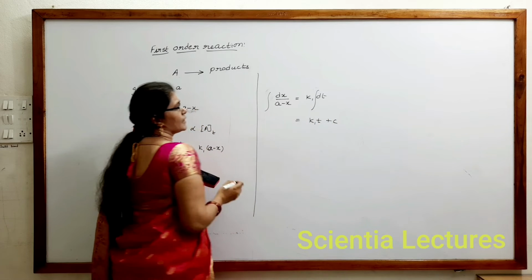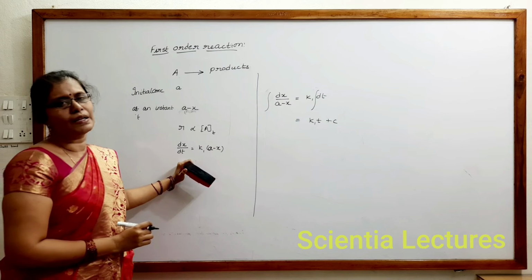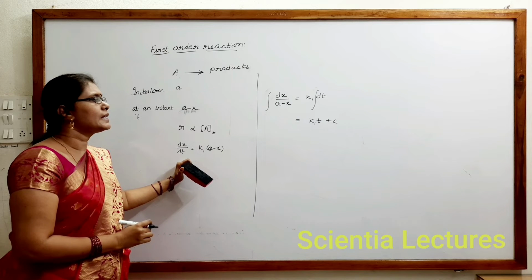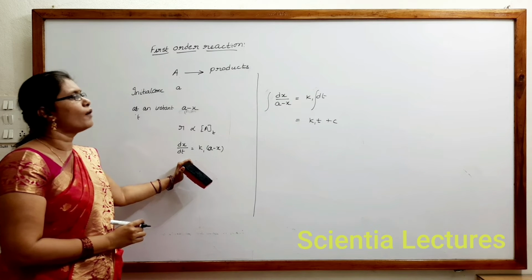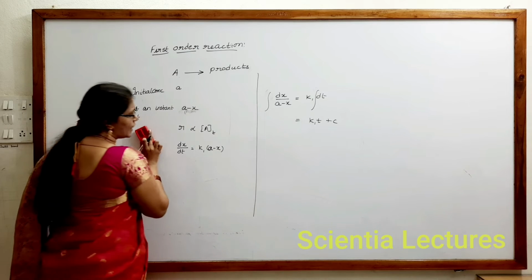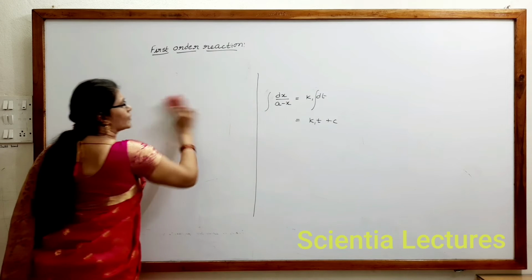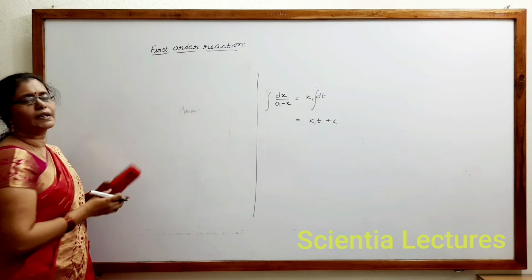The integral of dt is t. So we have to do the integration of dx by A minus X. Let us see the integral value of dx by A minus X, that is the integration of the LHS.